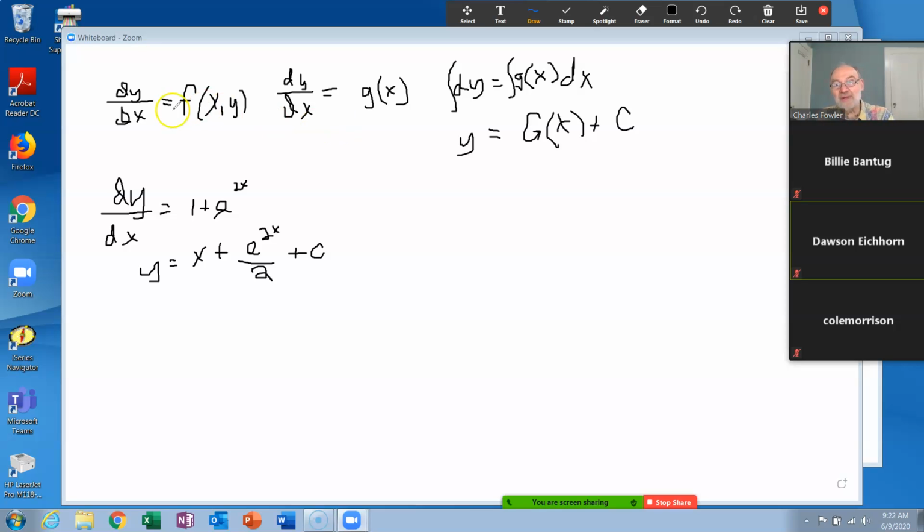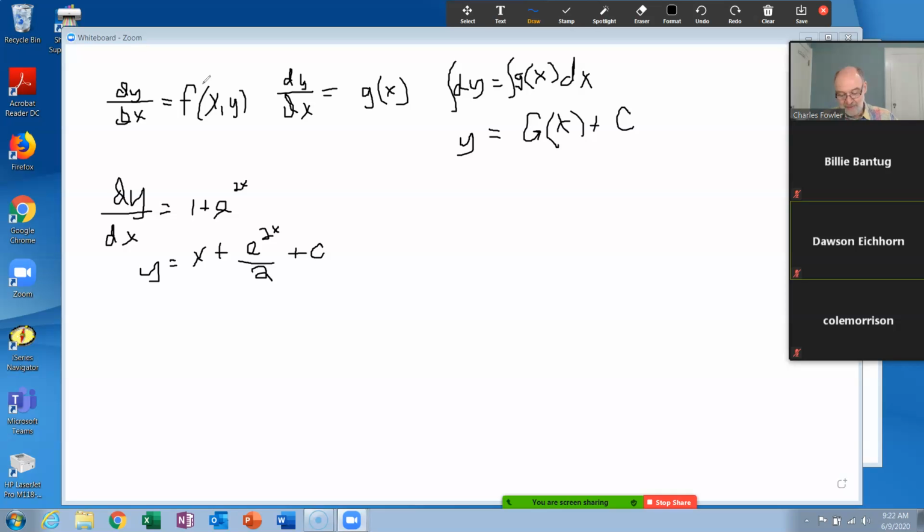Remember what normal form is? If it's a first order differential equation, you have your dy dx on this side and your f of x, y on this side. That's a normal form. This would be a normal form with no y dependence in the f. Then it would just be a g.